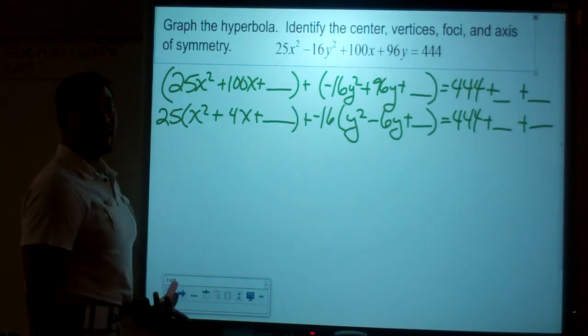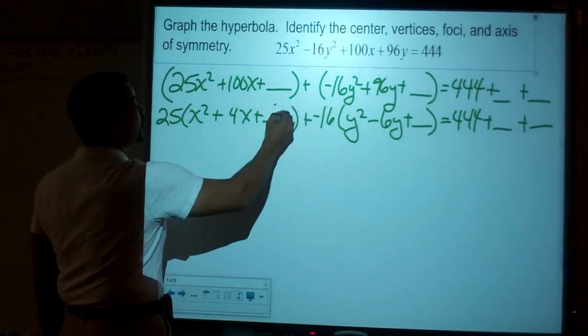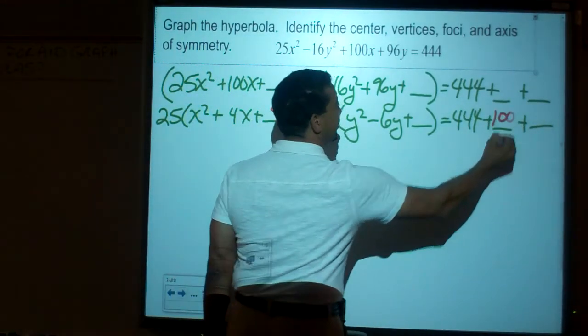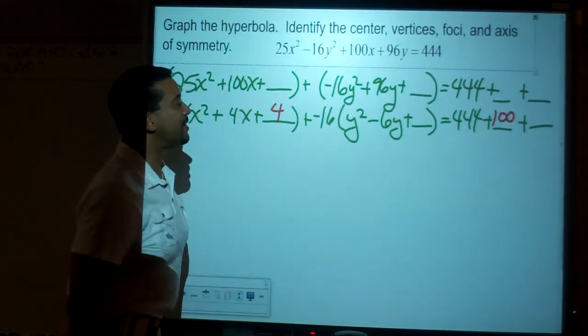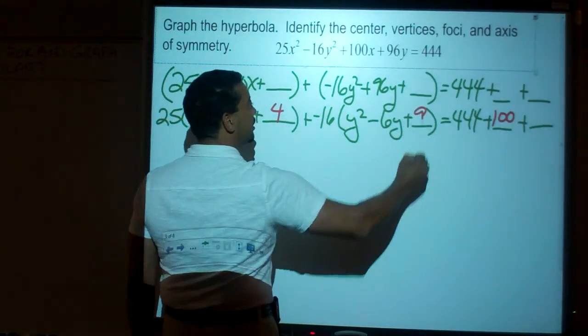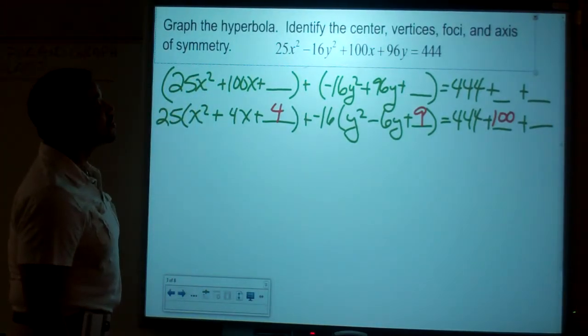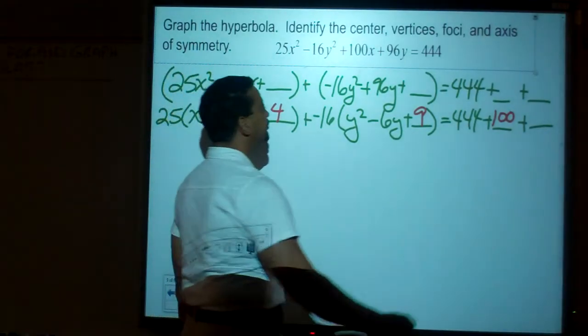Alright, so half of 4 is 2, squared gives us 4 again, and 4 times 25 gives us 100. Half of 6 is 3, 3 squared is 9. 9 times 16, let's see, that would give us 144.